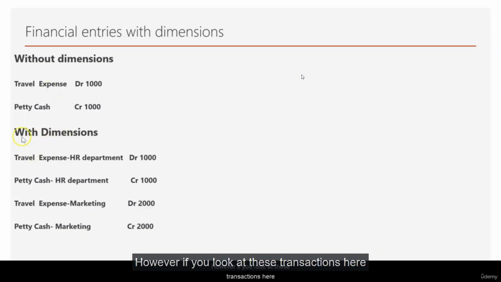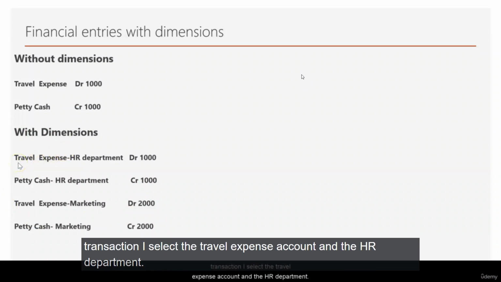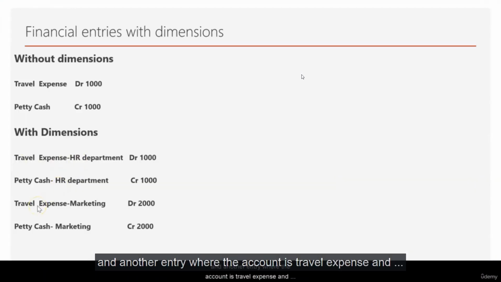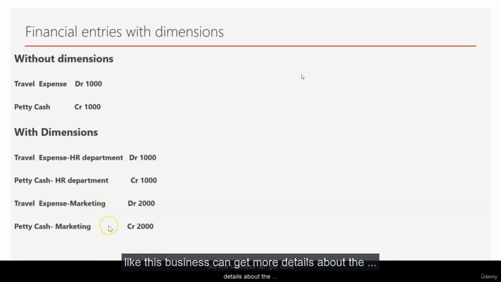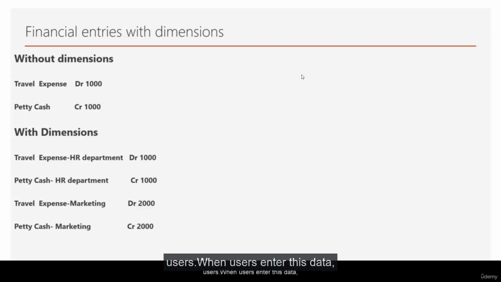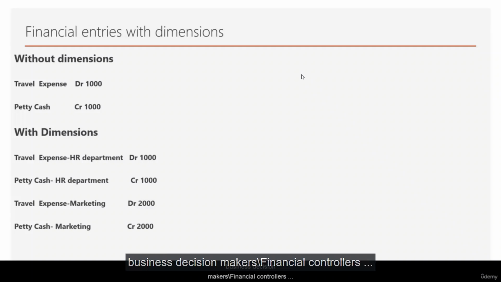However, if you look at these transactions here that have the dimensions, when I'm entering a transaction, I select the travel expense account and the HR department, and another entry where the account is travel expense and the department is marketing, right? So like this, business can get more details about the transactions that are being entered by business users. When users enter this data, business decision makers or financial controllers get some insights from this transactional data. Let me take my notepad to explain how this is helpful.